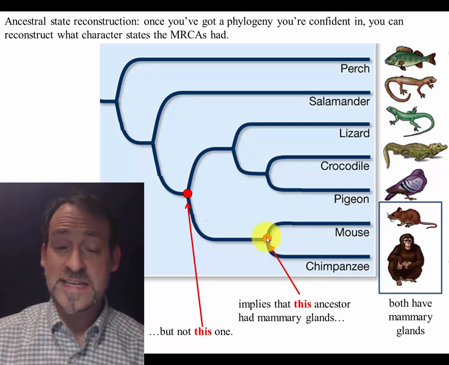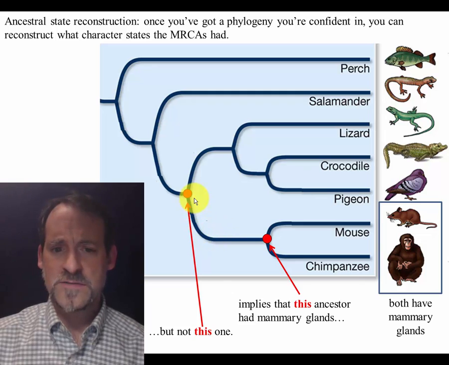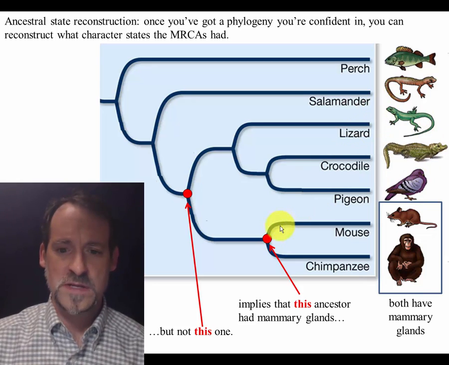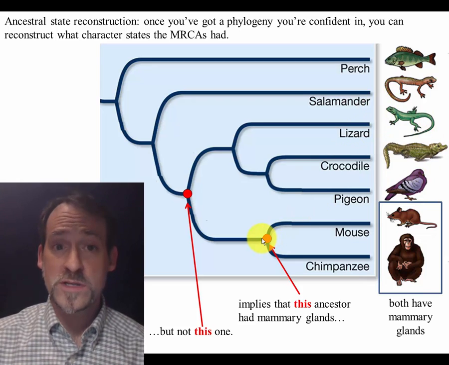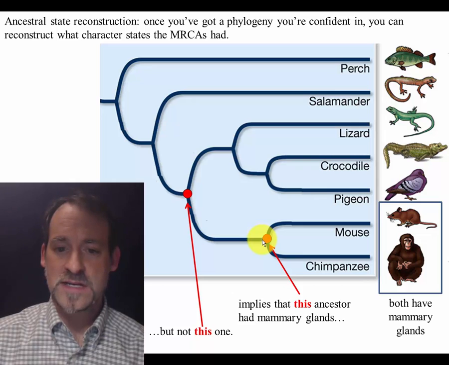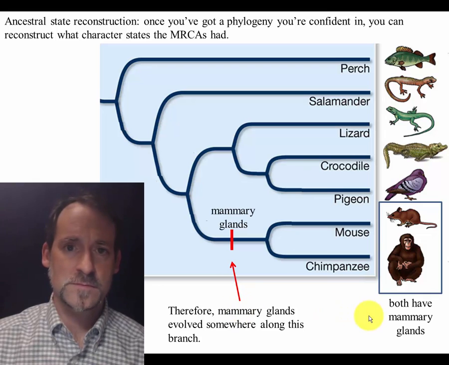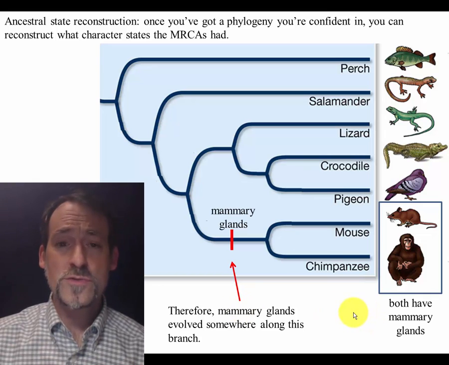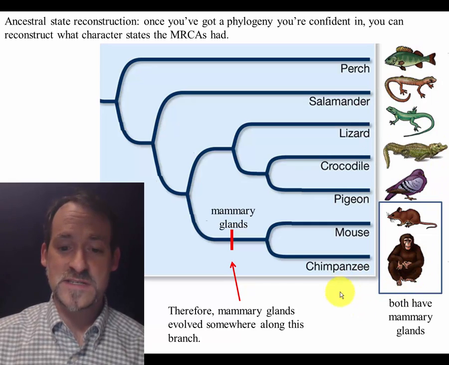So this was the latest that it could have evolved. If it had evolved somewhere back here, you'd expect all these species to have mammary glands too. So the most parsimonious reconstruction is that mammary glands evolved somewhere on this branch. Okay, you can go through and do that for any character that any of these species have.